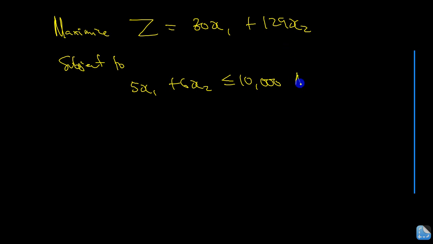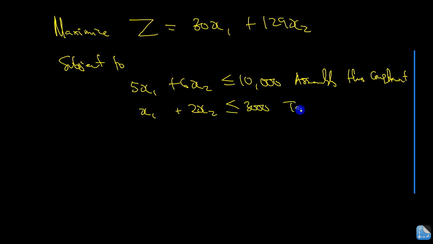So these were assembly hours constraint, and then we also had x1 plus 2x2 is less than or equal to 3,000.